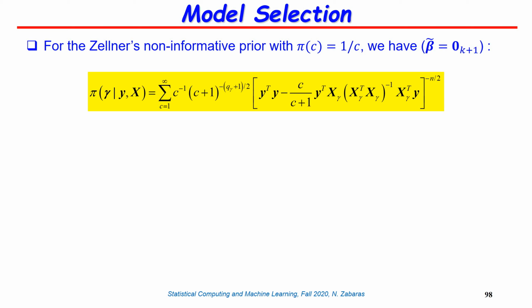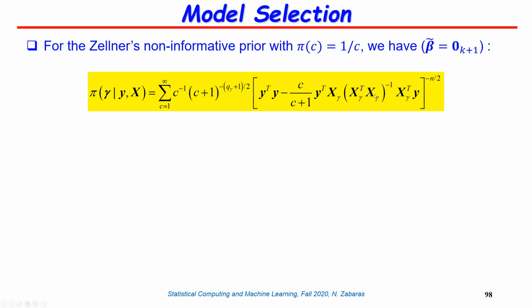Now, can we go one further step, right? So we derived this posterior over models, but we did this for a given c. Can we actually make this fully uninformative by integrating over c? Okay, and the answer is yes. I can multiply this by what I had before with the prior of c, which is 1 over c, and integrate over all possible integer values of c.